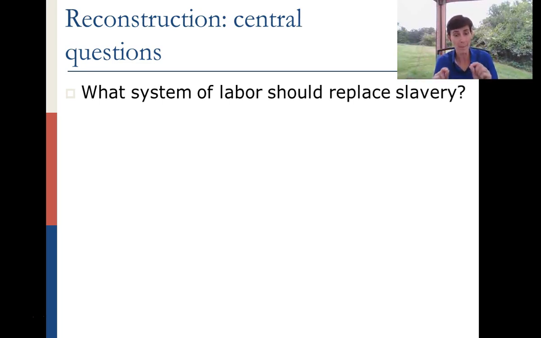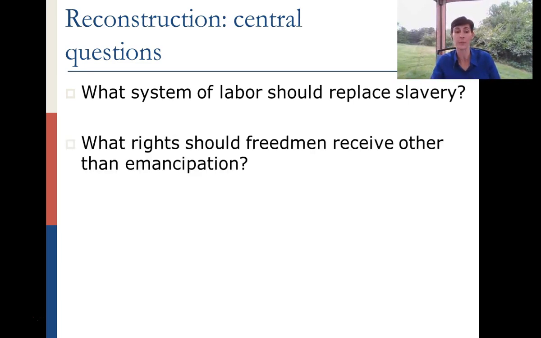This is a big question, and one that sadly the United States did not do a good job of answering. What rights should freedmen receive other than emancipation? Now, we like to romanticize and look through rose-colored glasses at some of our history and some of our more important historical figures. Abraham Lincoln is a prime example. People call him the great emancipator, as if he truly believed that blacks and whites were equal in every way.